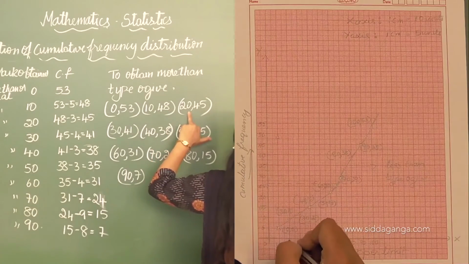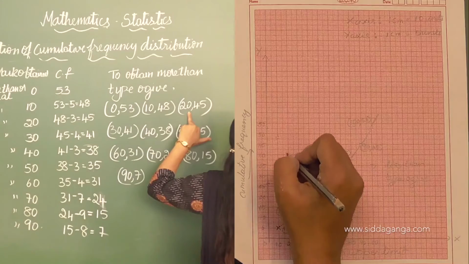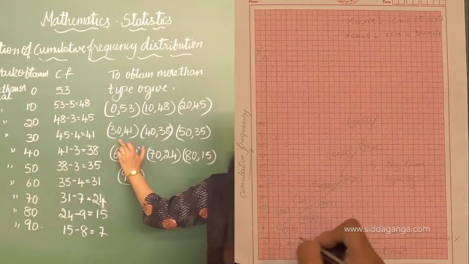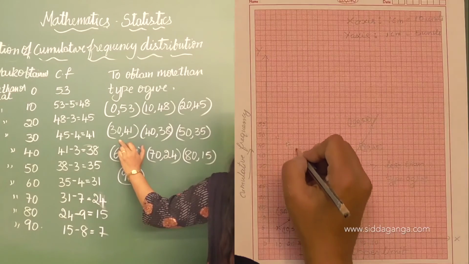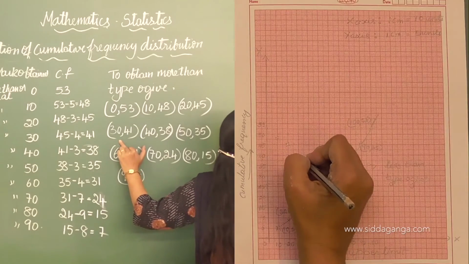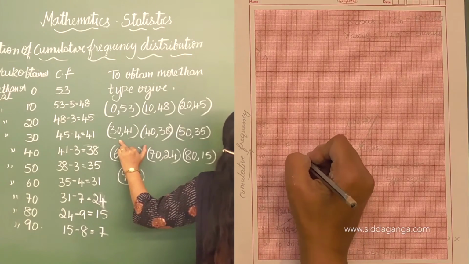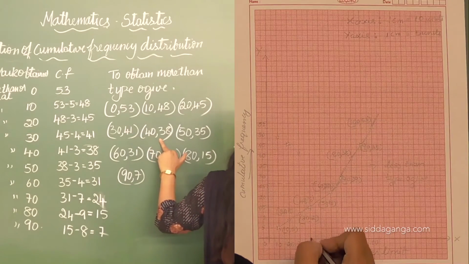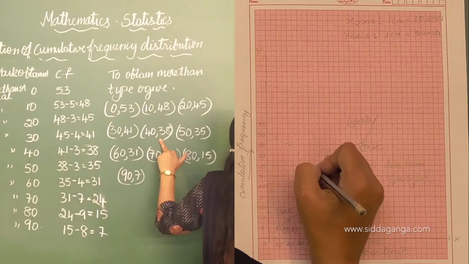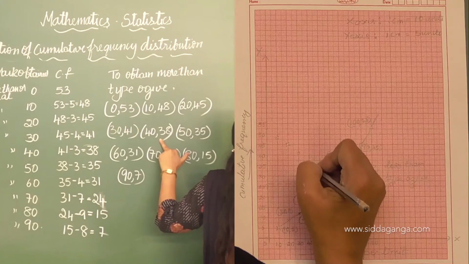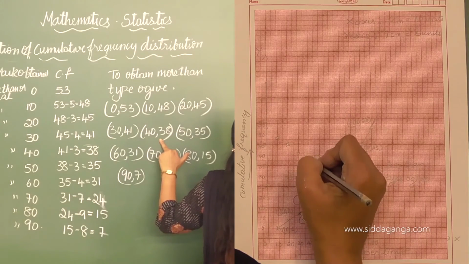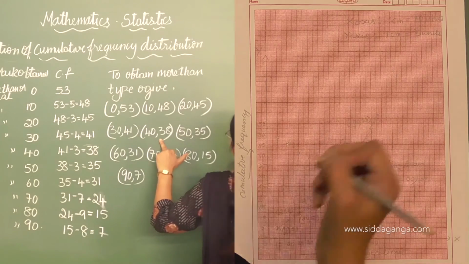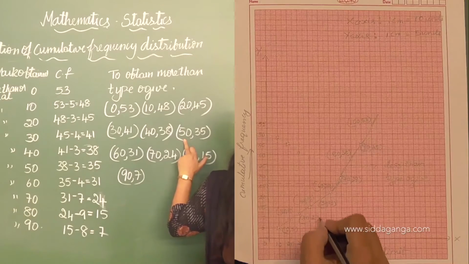Now 20, 45 here. Next 30, 41. This is 40, and 2 divisions after that will be 41. Next 40, 38. This is 35, 36, 37, 38, which means 4 divisions below 40. Next 50, 35.